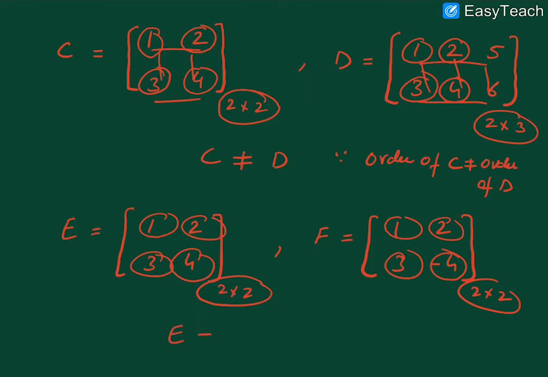So E is not equal to F. Even though the order is same, the corresponding elements are not same. 4 is not equal to minus 4 here. That's why both conditions must be satisfied for equal matrices. Order must be same and corresponding elements must be same.